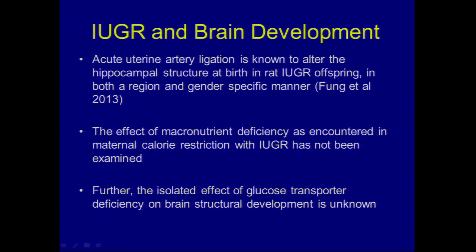Specifically, our lab questioned whether GLUT3 deficiency altered the structure of brain development, and if so, was it due to an increase in cellular apoptosis? Was it due to an arrest of progenitor cell differentiation or something else?